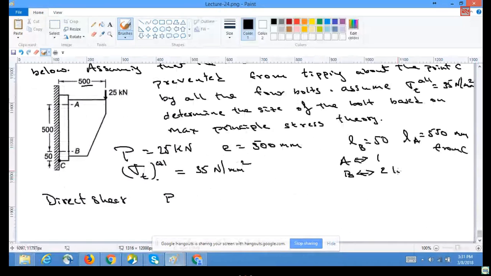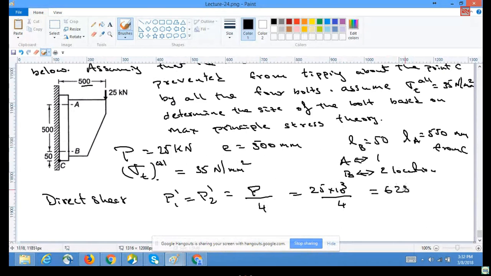So P1 dash or P2 dash in this case is equal to total P divided by 4 because there are 4 bolts, 2 on this side and 2 on the other side. So that is 25,000 divided by 4, which is equal to 6250 Newton.